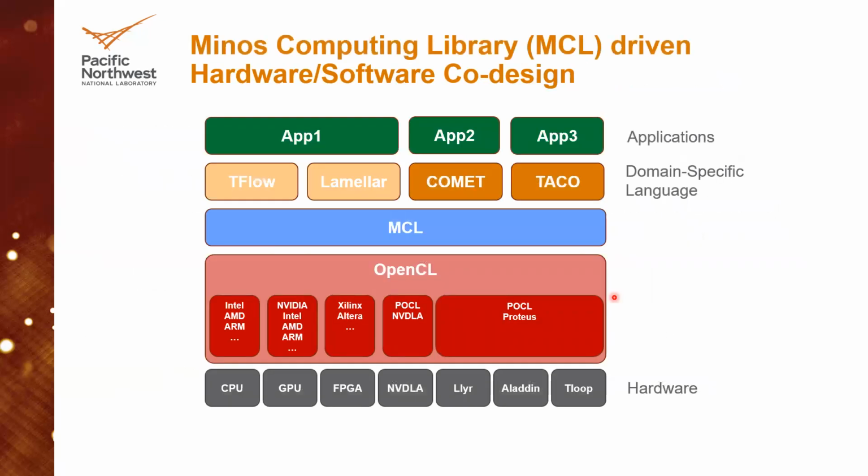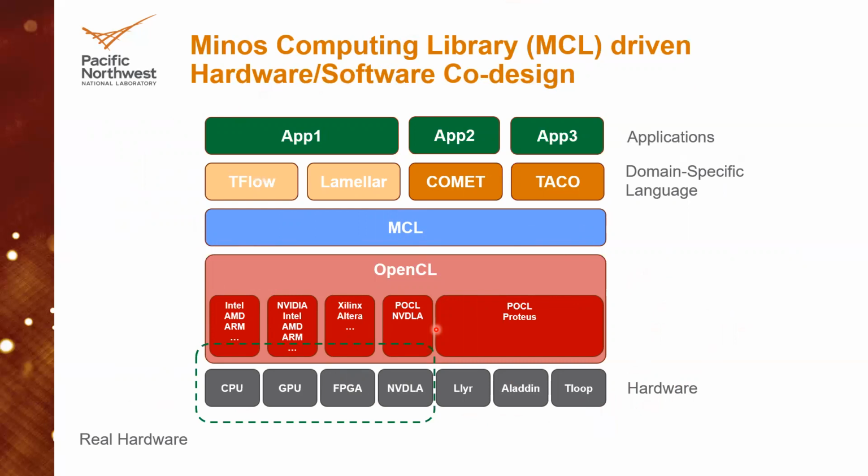Here, we present the software stack, as well as the hardware sitting underneath that we propose to work on. There's a Minos Computing Library layer which acts as a programming model as well as a scheduler, which schedules tasks on the available hardware devices.